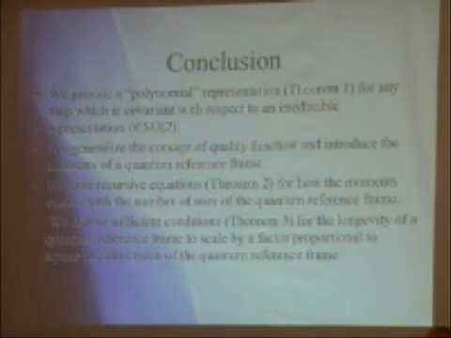Okay, so here we're going to conclude. First, probably the most interesting part was that I provided a polynomial representation for maps that are covariant with respect to U(1) and SU(2).